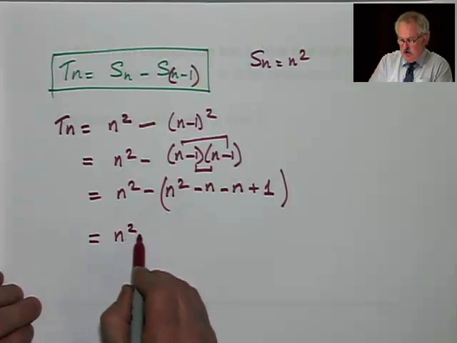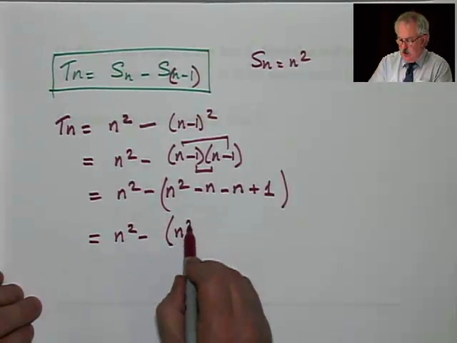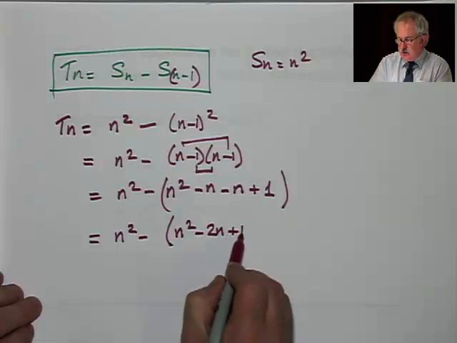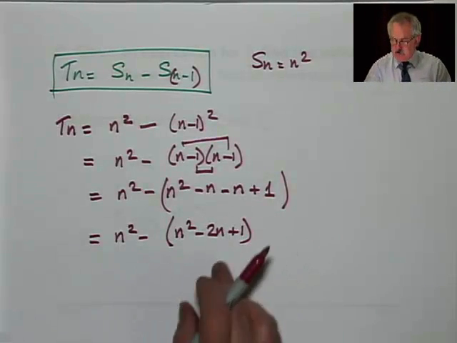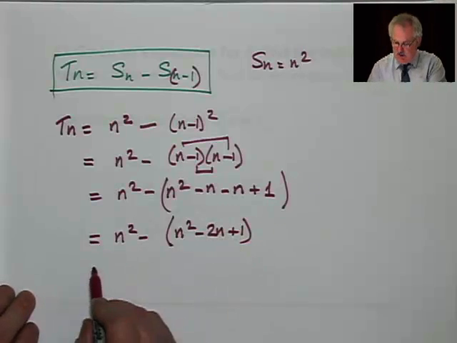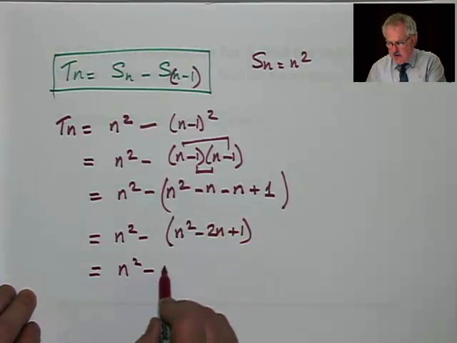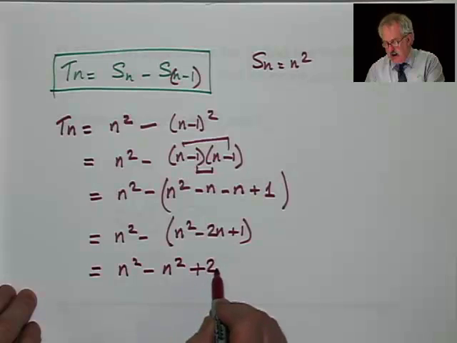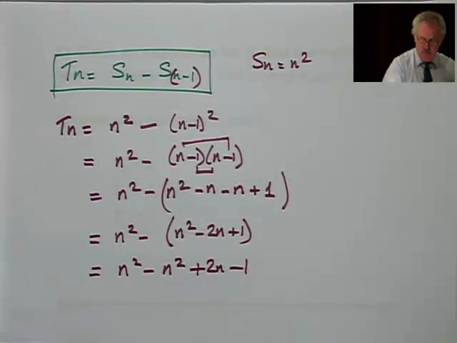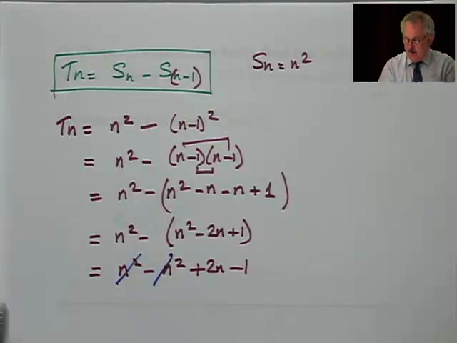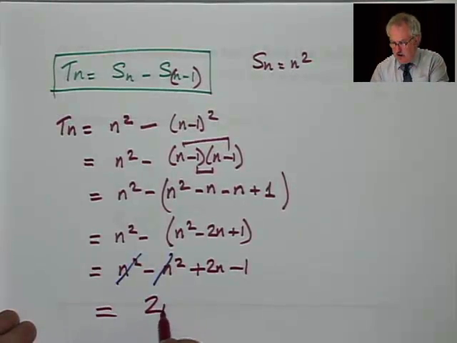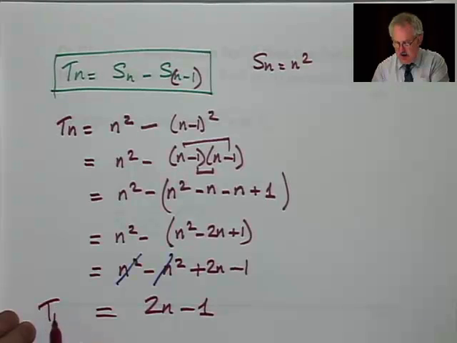That's n squared minus, within the brackets, n squared minus 2n plus 1. And now we distribute the minus into the brackets because we've grouped all those things together. We get n squared minus n squared plus 2n minus 1. These two things cancel, and we get 2n minus 1 for Tn.